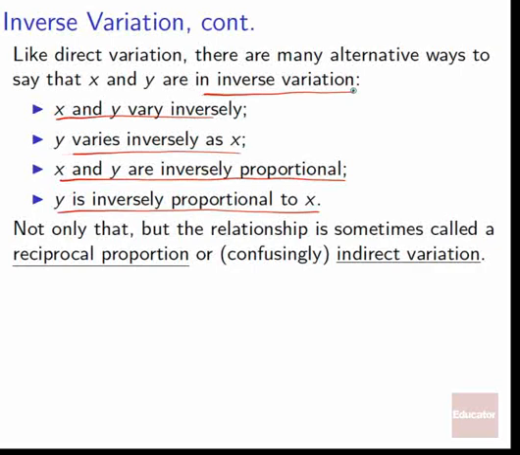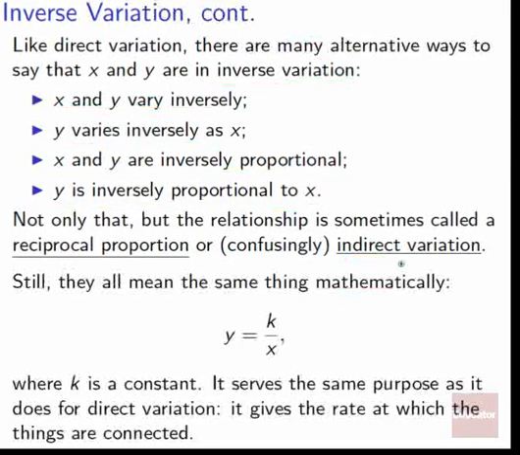Or confusingly, once in a while, you might hear somebody call it indirect variation. This is kind of weird because direct, indirect, but I think inverse and reciprocal get the idea across much better than indirect. Once in a while you'll hear people use that, so it's important that we're aware of it. In any case, even if it has all these different names, they all mean the exact same thing mathematically.